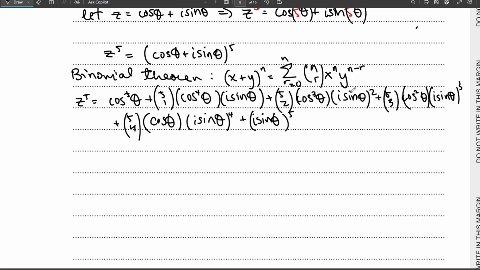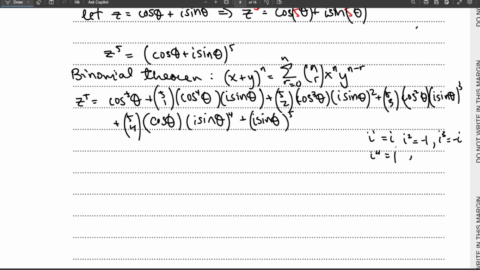But for the increasing power of the imaginary number, you can try and recall also that i power 1 is just i, i power 2 is negative 1, i power 3 is negative i, and i power 4 is positive 1, my mistake.